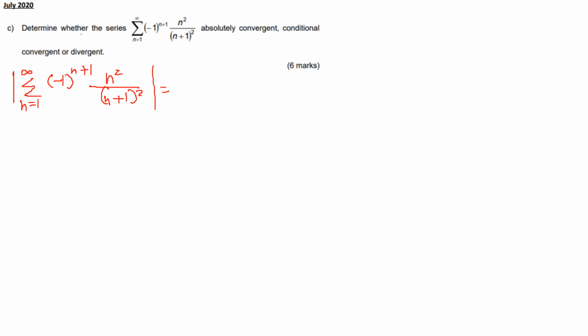After you take the absolute value, you will get the series sum from n equals 1 to infinity of n squared over (n+1) squared. By looking at this series, we can use the divergence test.